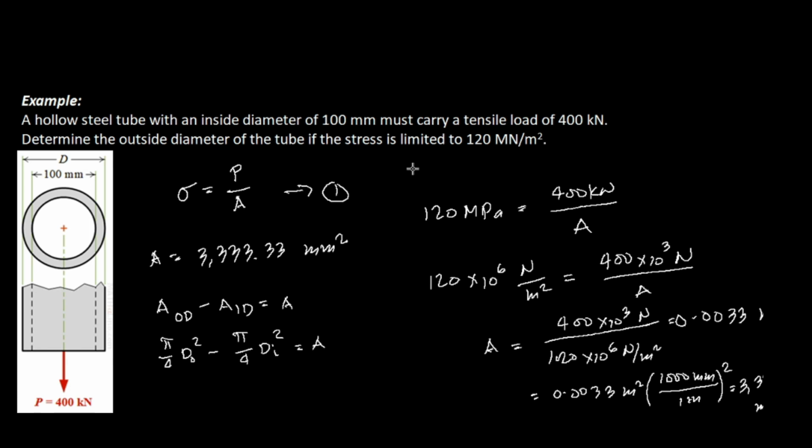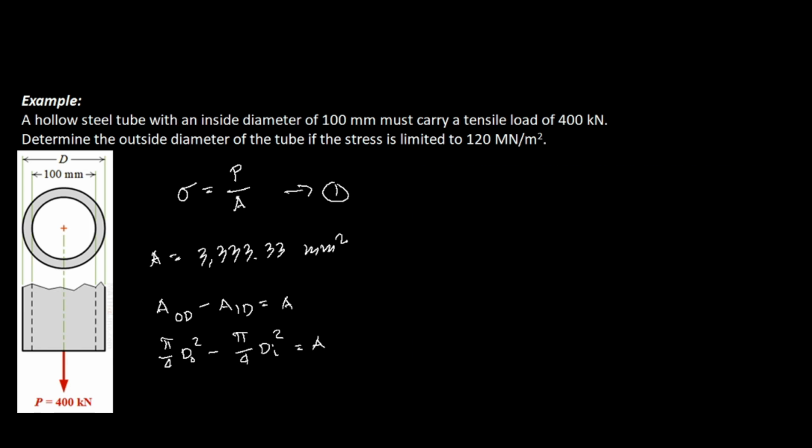Then we substitute the value of the inside diameter, which is 100 millimeters. So the area, 3333.33, is equivalent to pi over 4 times the outside diameter, the unknown, squared, minus pi over 4 times the inside diameter, 100 millimeter, squared.